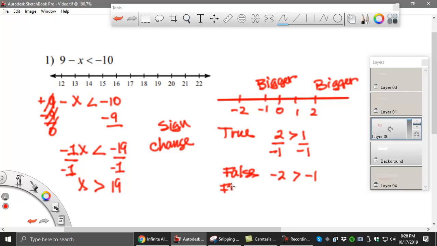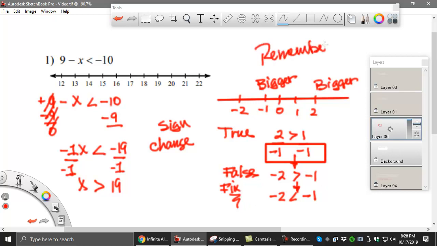The only way to fix it is to change the direction of the inequality. So when you divide an inequality by a negative number on both sides, you have to change the direction of the inequality. We started with greater than, and when you divided by -1, that greater than had to switch to less than. You always have to remember that.